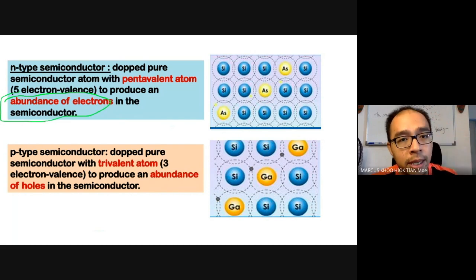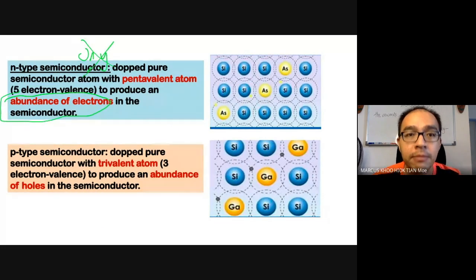Never make the mistake of saying that N-type is only electrons. It's not that. N-type just means there are more electrons than holes. In a normal semiconductor, not N-type or P-type, the number of holes and electrons is always the same. If there are 4 holes, there are 4 electrons. The number is the same.